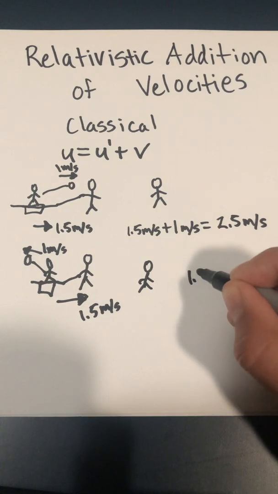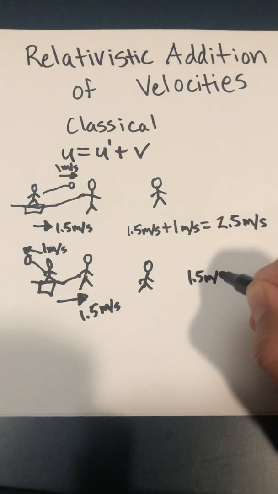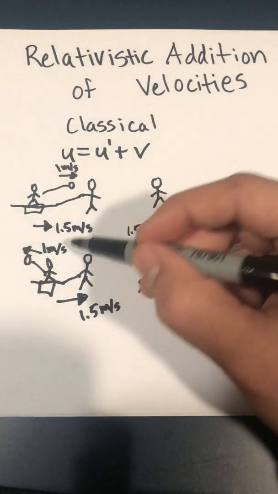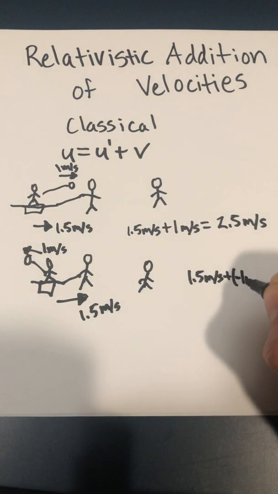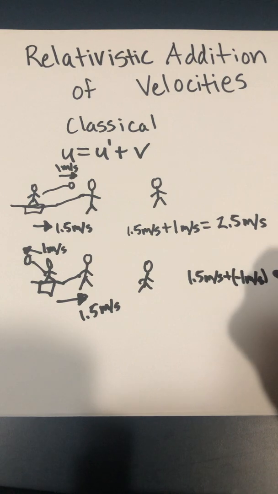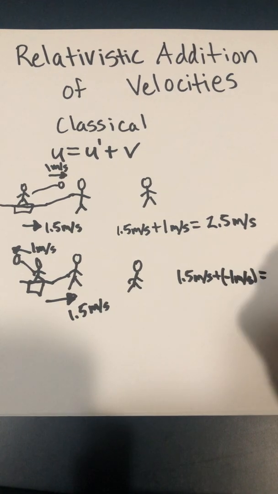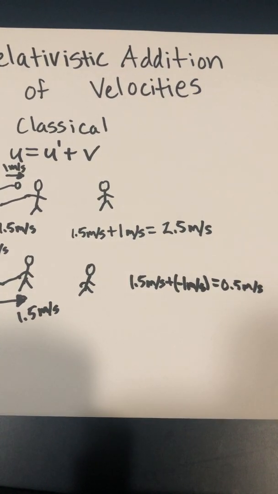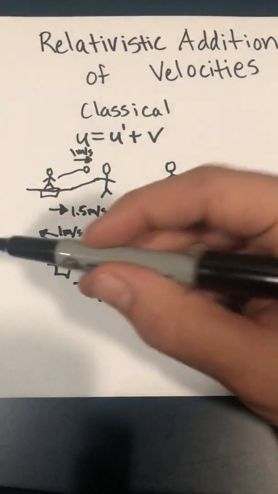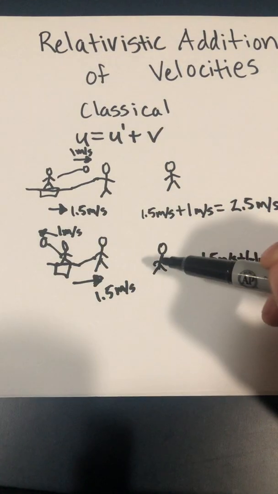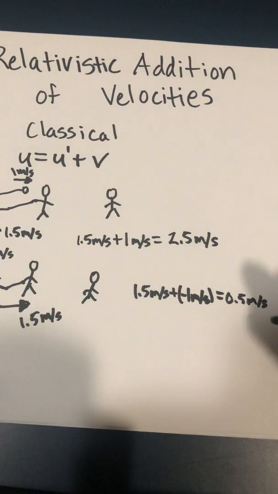So it would be 1.5 meters per second. And now because this is going away from our observer, we'll make this negative, which would give us ultimately an answer of 0.5 meters per second. That is what this snowball would appear to be to this observer right here, 0.5 meters per second.